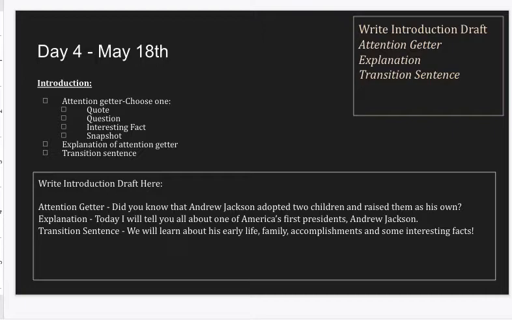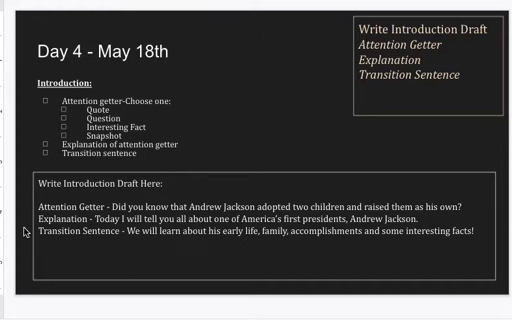It sounds like this. Did you know that Andrew Jackson adopted 2 children and raised them as his own? Today, I will tell you all about one of America's first presidents, Andrew Jackson. We will learn about his early life, family, accomplishments, and some interesting facts.